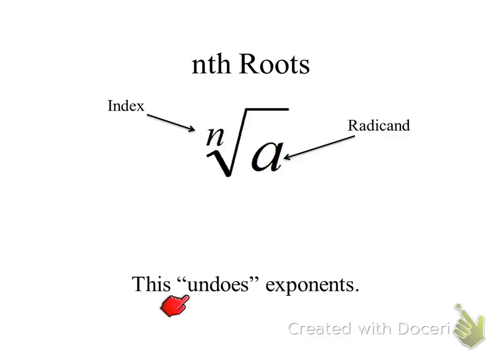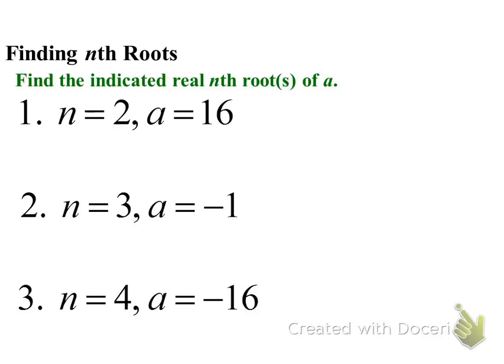We also talked about how this operation undoes exponents. So if we have something that's x cubed, we can take the cubed root of it to undo it. Just like multiplication undoes division, roots undo exponents. All right, we've already done these from yesterday.